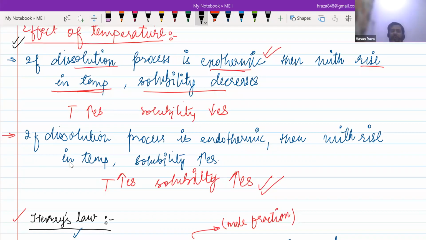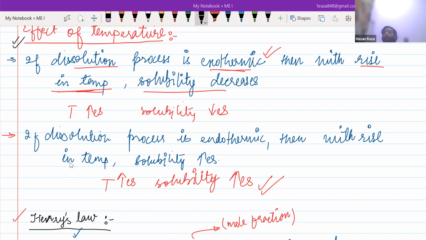Basically, the dissolution, that means the mixing or solubility, of oxygen in water is an exothermic process. Are you getting my point? The mixing or solubility of oxygen from the atmosphere in water is an exothermic process.